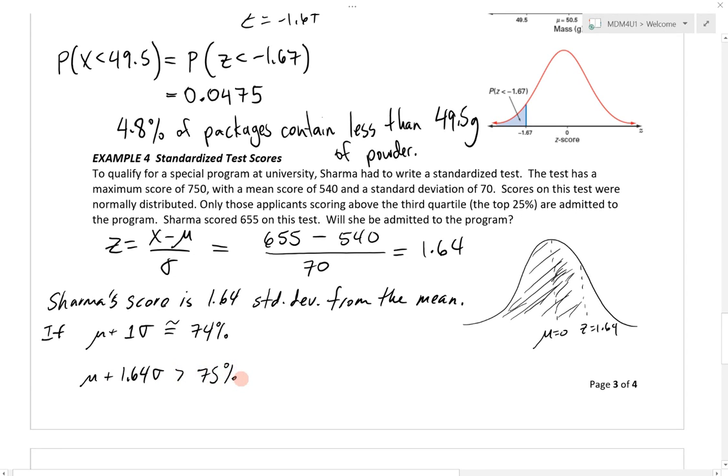That means she would be in the top 25%, so she would be in the top 25% of admitted students into the program. The percent area tells us where her placement is. So she is well above the third quartile.